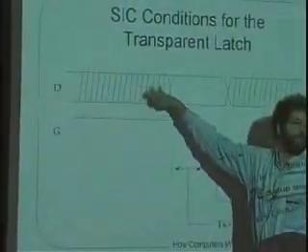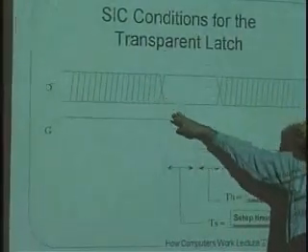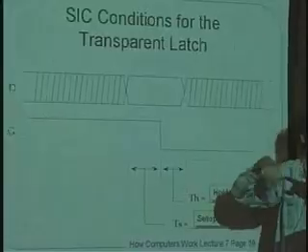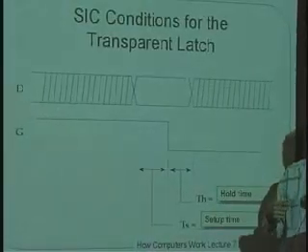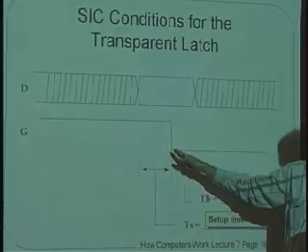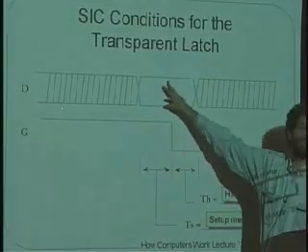It's the same as saying that when you take a picture, you want the person to hold still. So when the gate is high, the output is going to follow the input data, whatever it is, 0 or 1, doesn't matter. However, we want the gate to snap closed and for us to go into the feedback mode and latch on to either a 1 or a 0. Around that time, let's make sure that the data doesn't change.